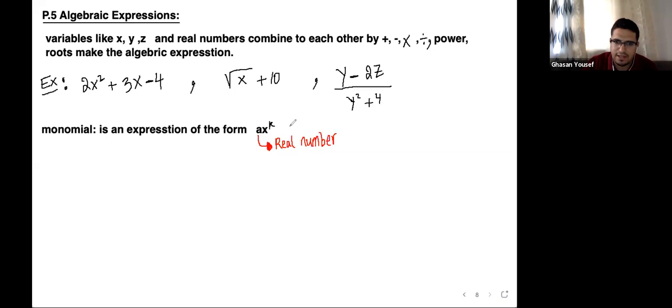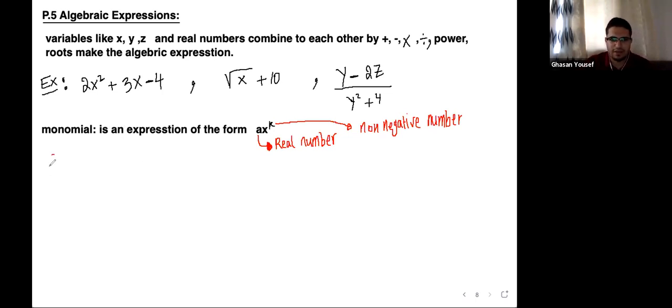The k here must be a non-negative number, I mean like 0, 1, 2, 3, 4, 5, 6 to infinity.